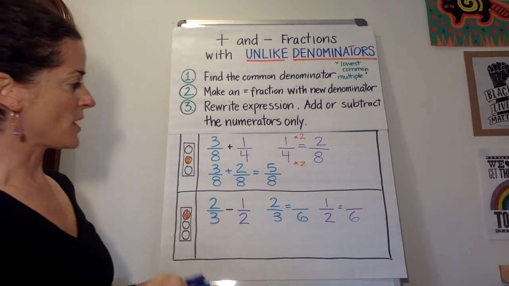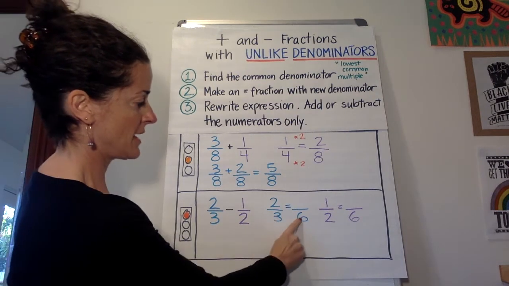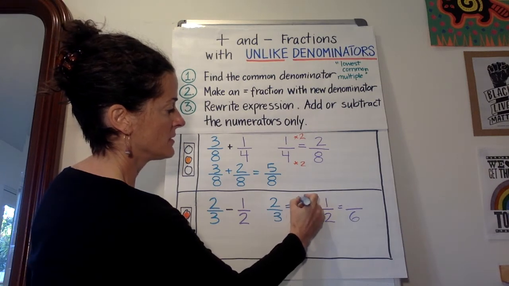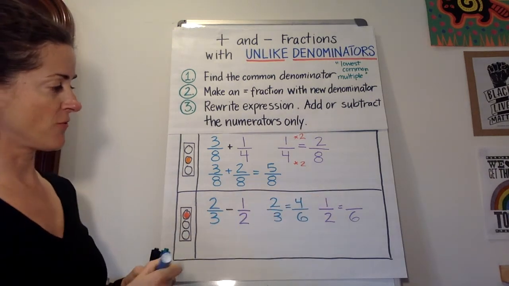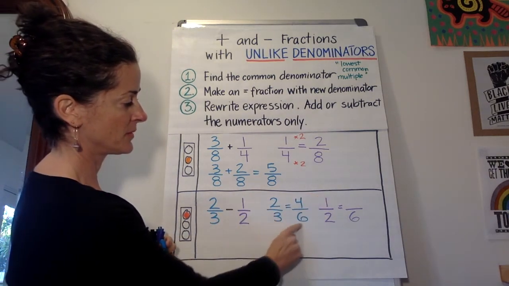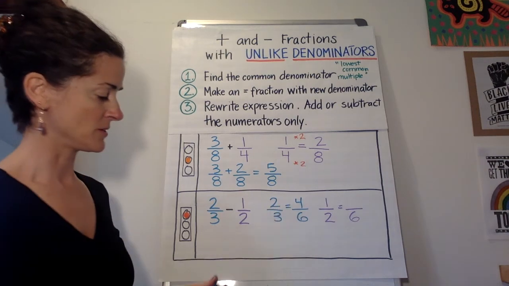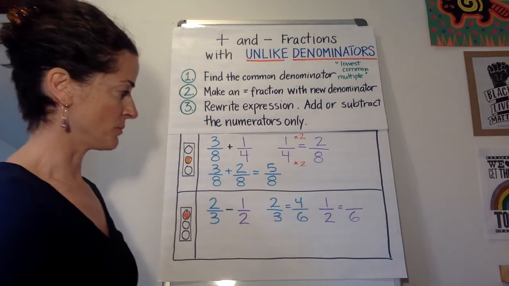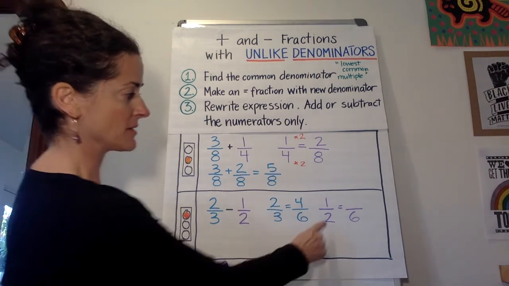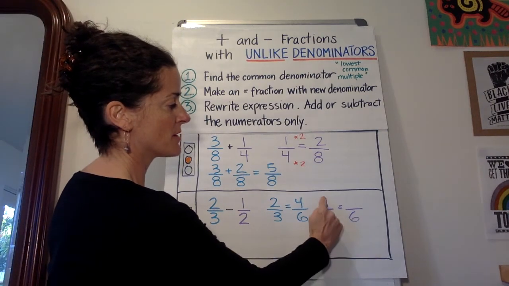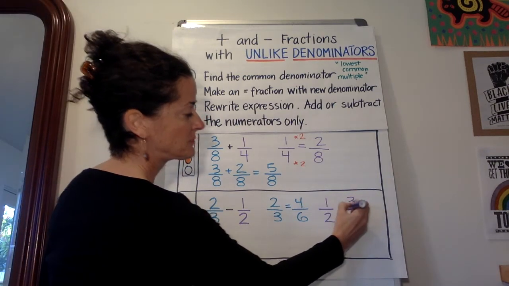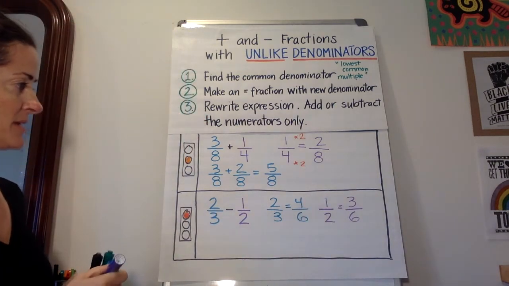2/3 equals what over 6? Well, I had to multiply that by 2. I'm going to do the same thing here in the numerator, and I get 4/6. Multiply by 2, multiply by 2. For this one, I had to multiply by 3 to get 6. So if I did it here, multiply by 3, I'm also going to do that to the numerator, and I get 3/6.